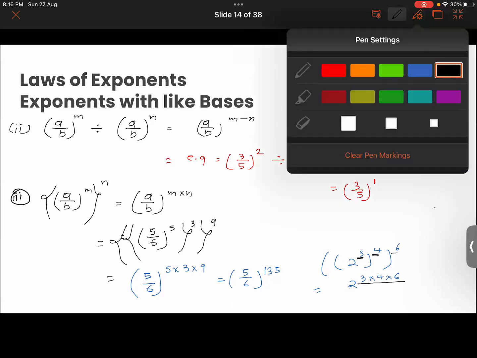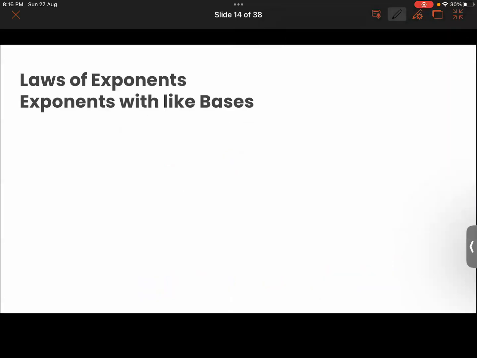Okay, shall I clear the screen then? Yes, sir. Now, so far we have studied three laws of exponents. Now you are having another rational number c upon d, let's say, and the same integers m and n.